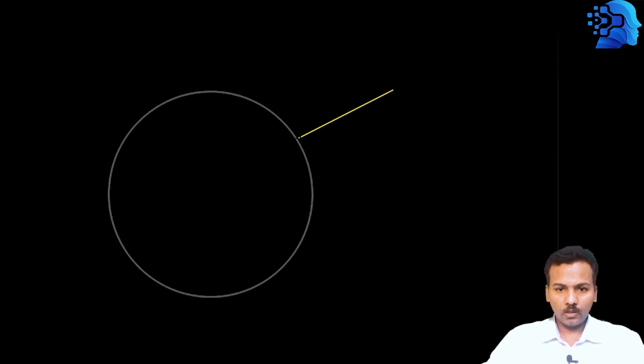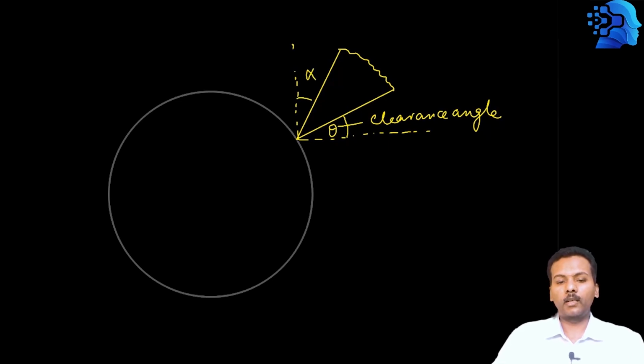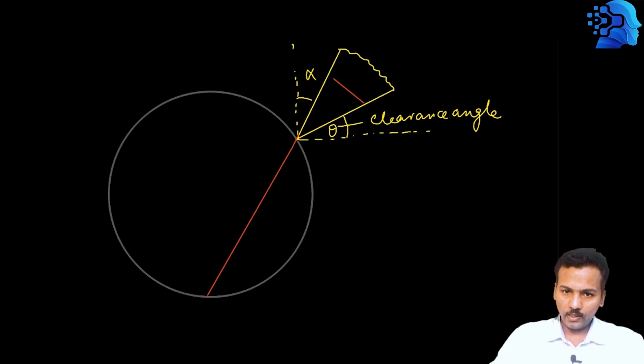Suppose this is the tool. The tool is inclined at this clearance angle theta, and this tool is inclined normal to the finished surface at rake angle alpha. The friction force can be drawn parallel to this rake surface, as we know that this is the normal force and this is the friction force.